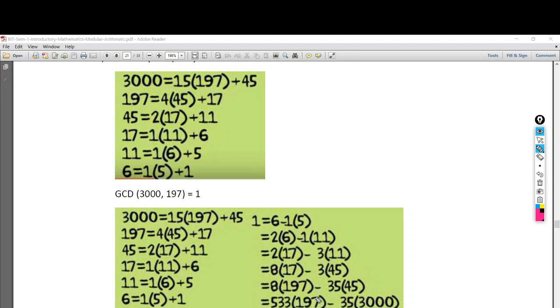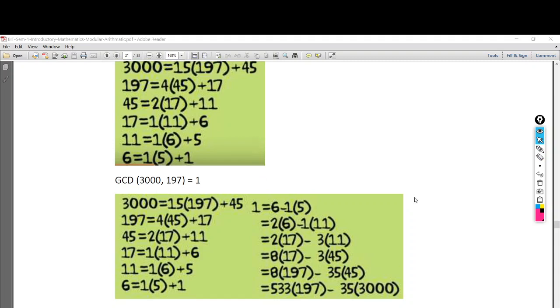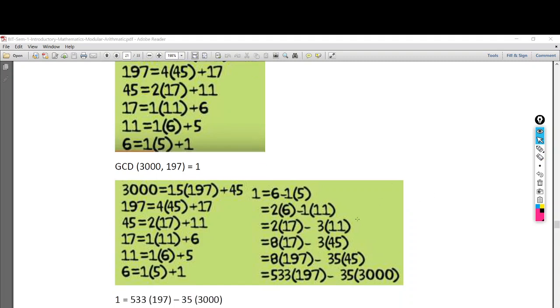Then you get everything in 197, and this one is now 3000 and 197. So ultimately you solve it until you get 3000 here and 197 here, because last time when you get 45 also you can substitute using 3000 and 197.